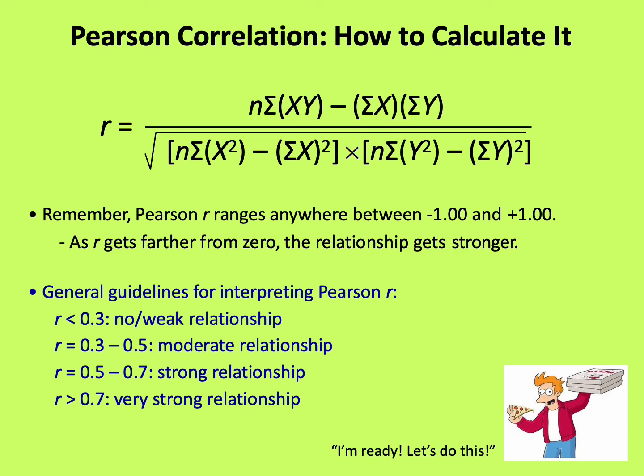For example, an R of less than 0.3 in either direction, negative or positive, means we would conclude that there was a weak relationship between X and Y. A Pearson R between 0.3 and 0.5 is considered a moderate relationship. Between 0.5 and 0.7 is a strong relationship. And anything greater than 0.7 is considered a very strong relationship. Okay? So let's look at an example here.